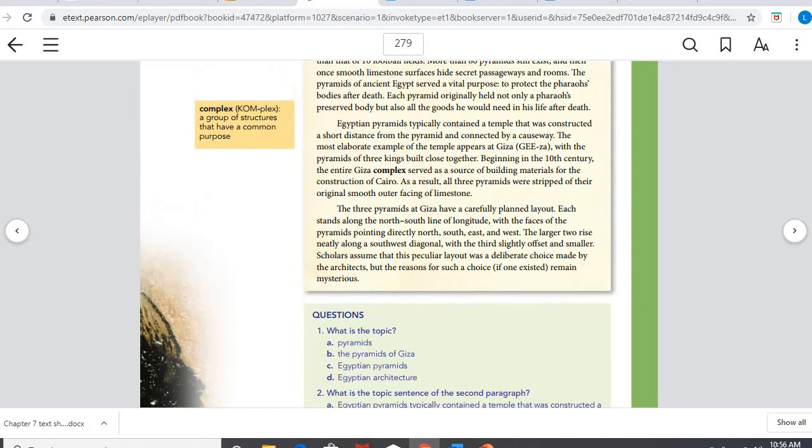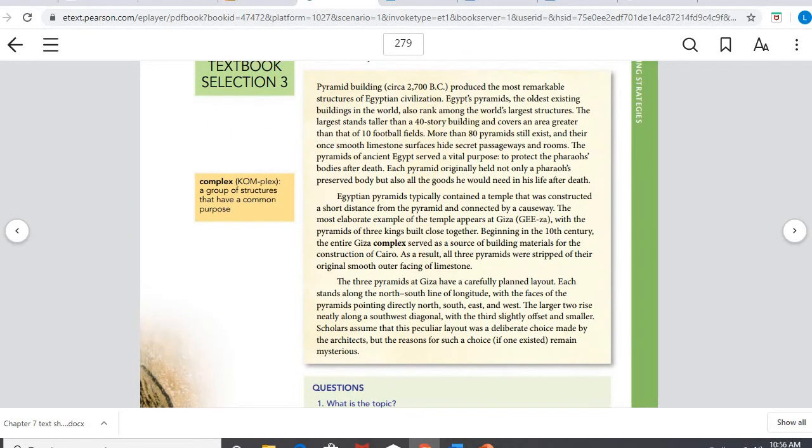And then question 4, if you are looking at question 4, I will keep the reading on my screen. What is the central point of the whole selection? So now it's asking you to put all 3 of those paragraphs together. Our best central point is B, that Egypt's pyramids, the oldest existing buildings in the world, also rank among the world's largest structures.